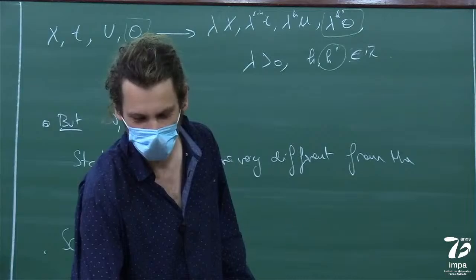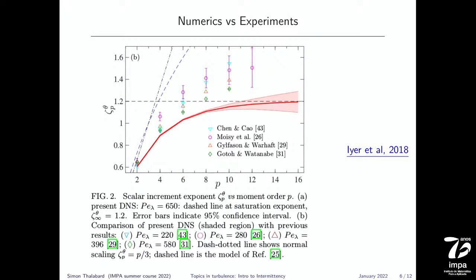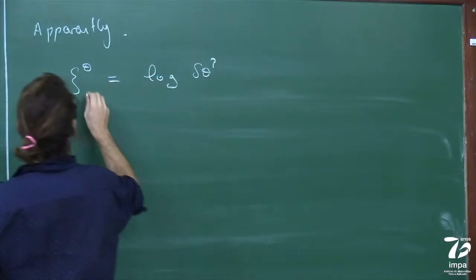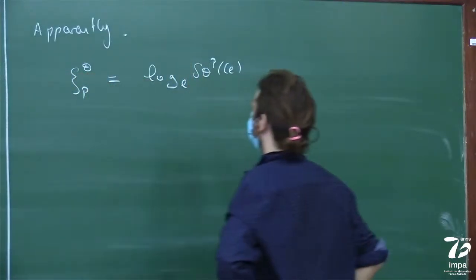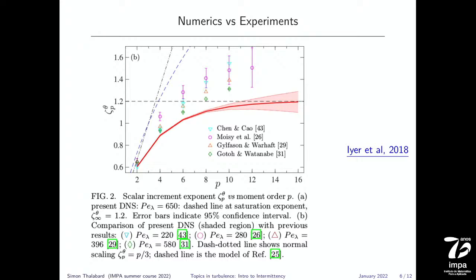Then this can be quantified by the fact that we observe numerically that apparently the exponent related to the structure function of the scalar, so log of delta theta of p of L divided by log of L, apparently goes to a constant value, which we may write psi star, which is finite.